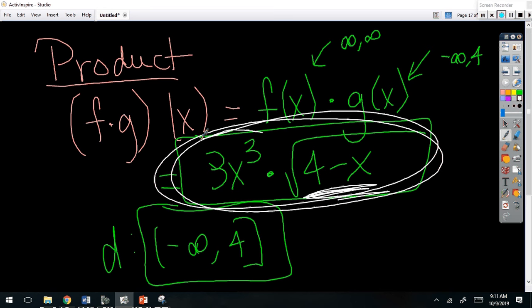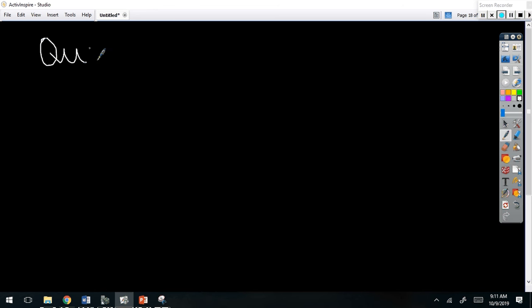Y'all okay on that? Because division's a little bit stickier. All right. Quotient means divide. So we're going to divide. Can you think of some way that your domain may be impacted differently as I do quotient?